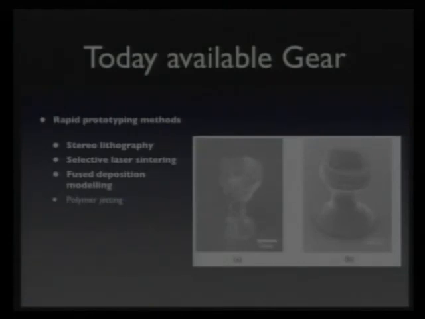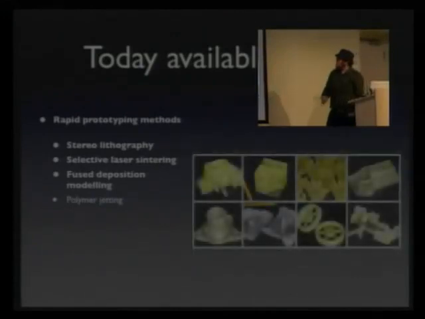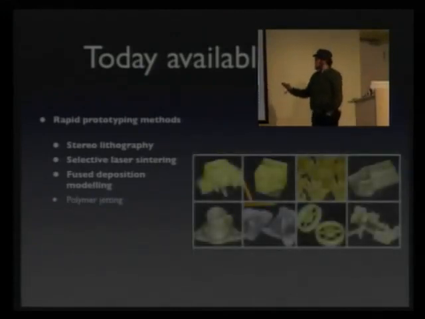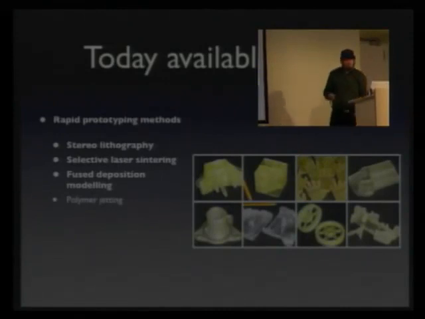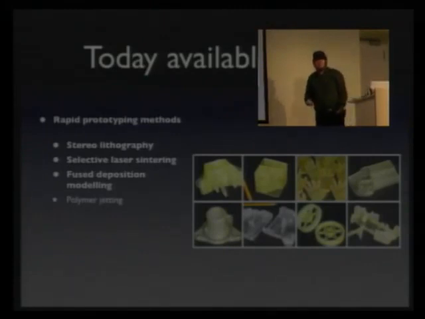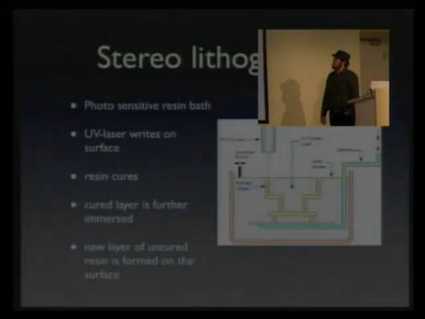And this is done at the University of Tokyo. And then you also have Polymer Jetting, which is basically a modified inkjet printer, which is quite nice, but I haven't seen microstructures on it yet. But I think it's just a matter of time in the very near future. Because when you see how accurate printers are already today, then you can guess what kind of 3D microstructures you can print then.